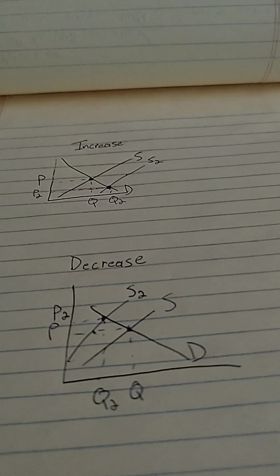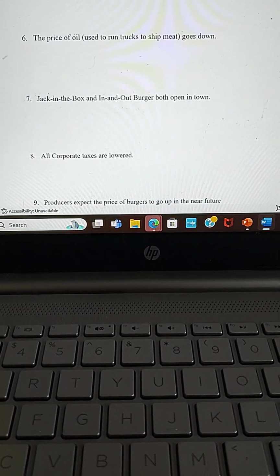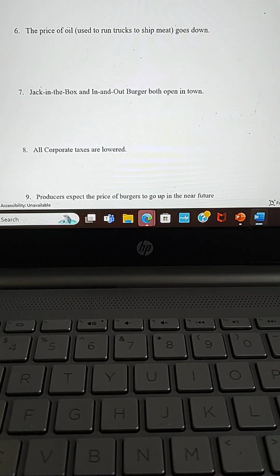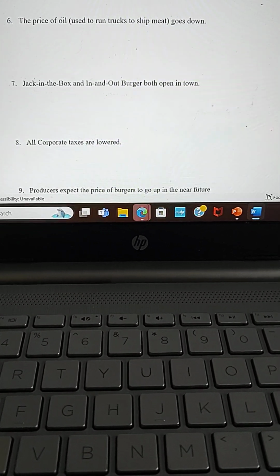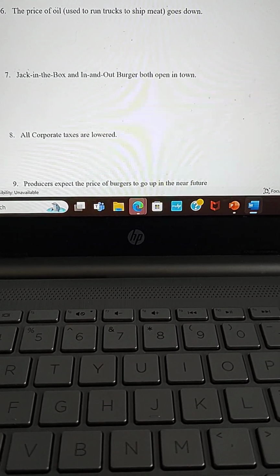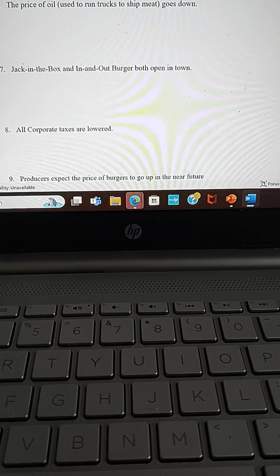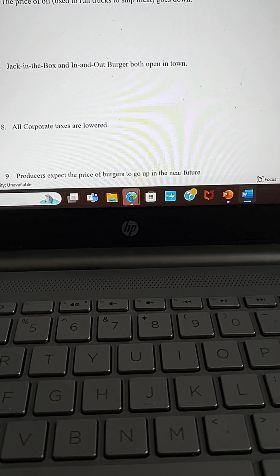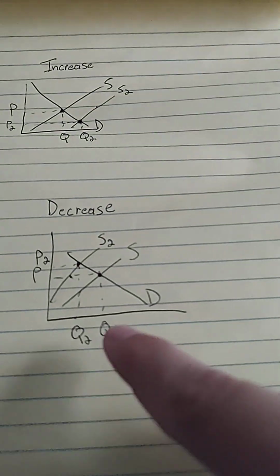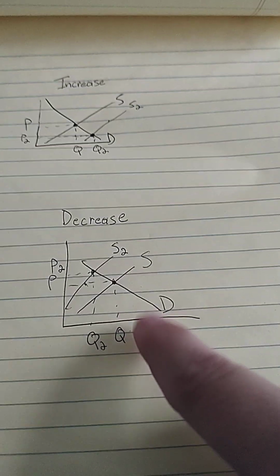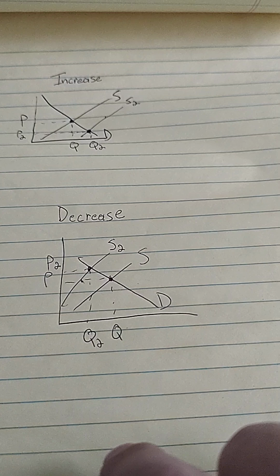And then last but not least, we have here producers expect the price of burgers to go up in the future, okay? If producers think the price is going to go up in the future, they want to wait. They're trying to make as much money as they can. They don't want to sell it now. They want to wait until that happens. So right now we're going to see a decrease in this.